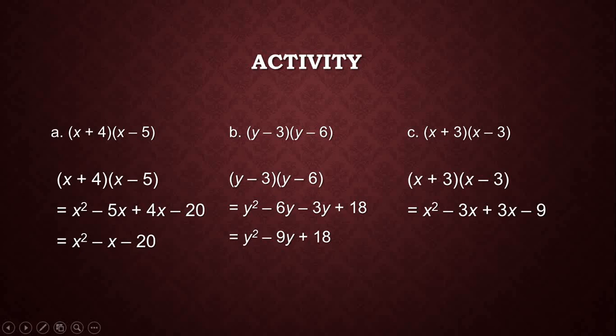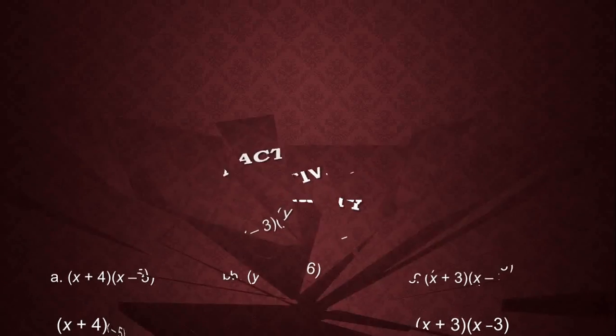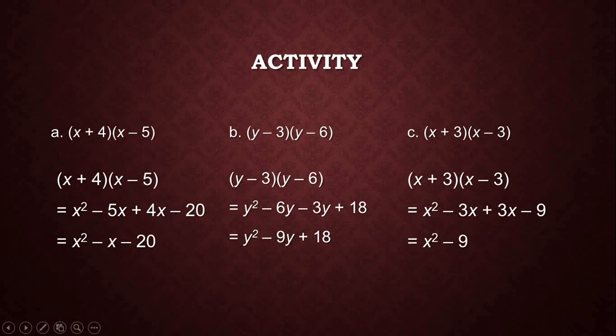Negative 3 plus 3 is equal to 0, so your answer should be x squared minus 9. You can also say x squared minus 3 squared if you want to simplify it further, because 3 squared is 3 times 3, which is 9. So you can still continue and say that.